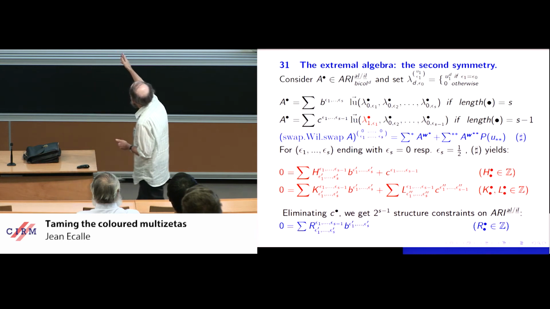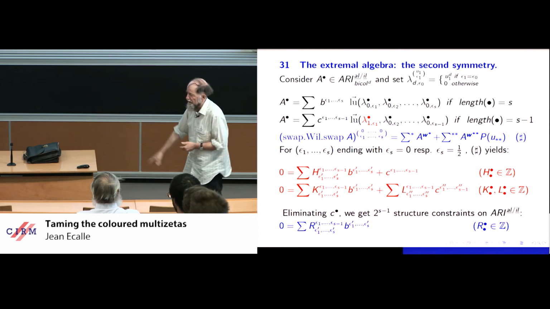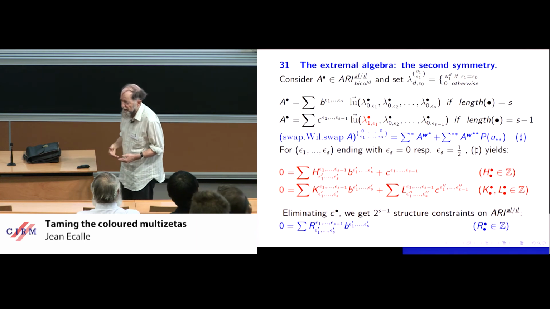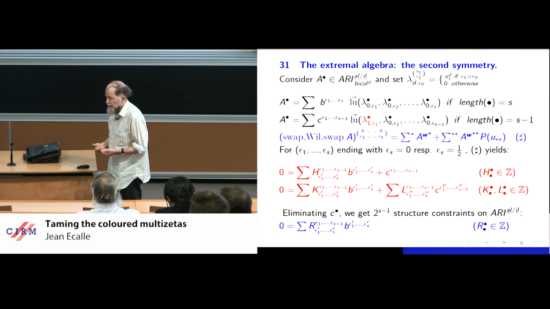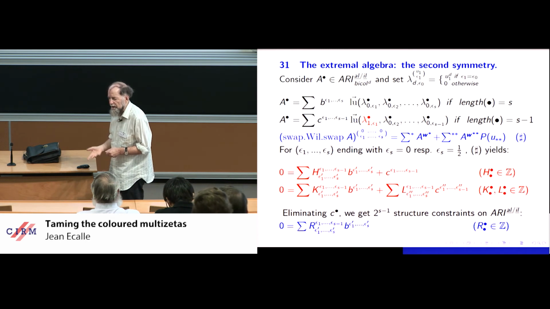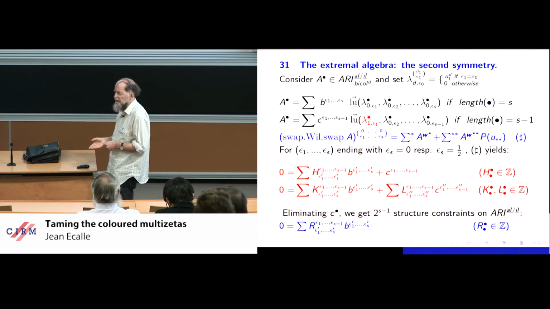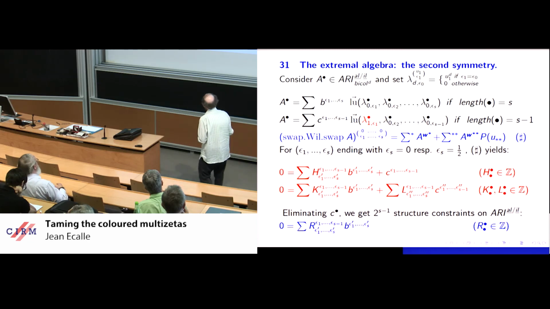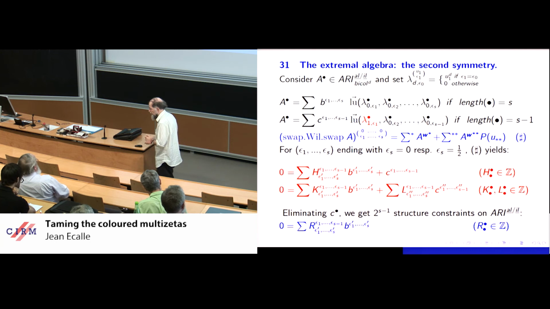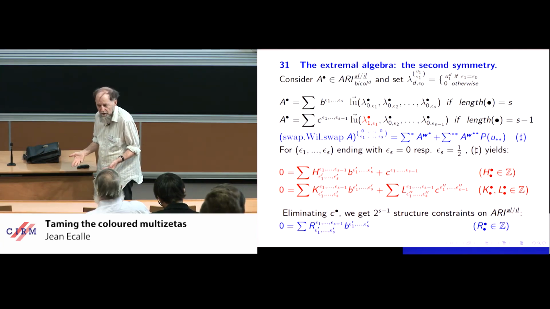And you see that there are two sets of relations. In the first set, the C's, which you want to eliminate, appear singly, so that you can very easily eliminate them. And you get a system of structure constraints. And you're automatically certain that they will define a subalgebra, precisely.